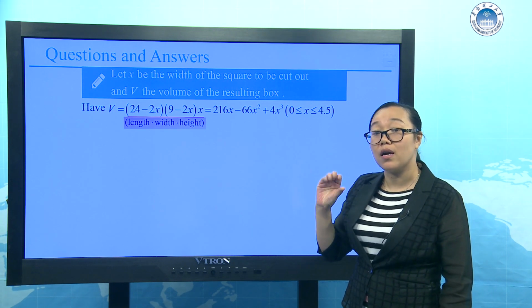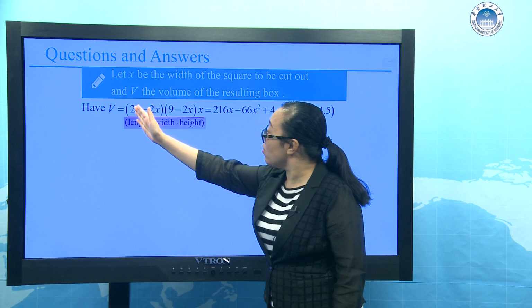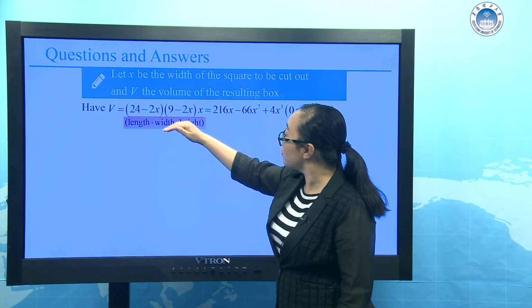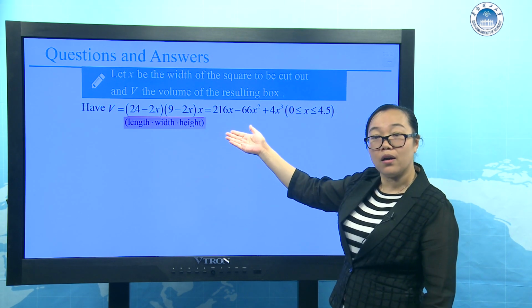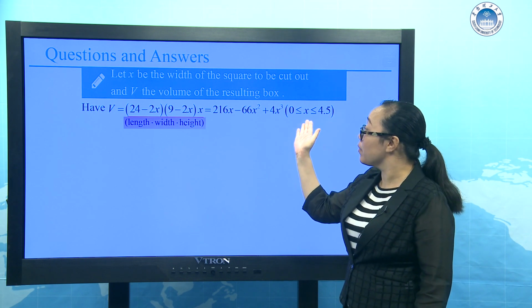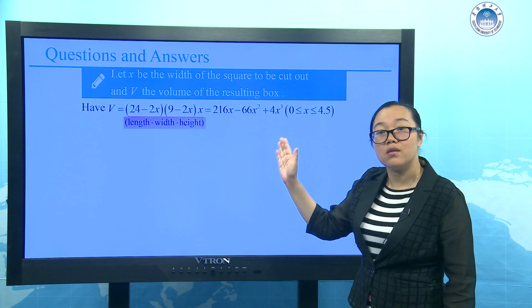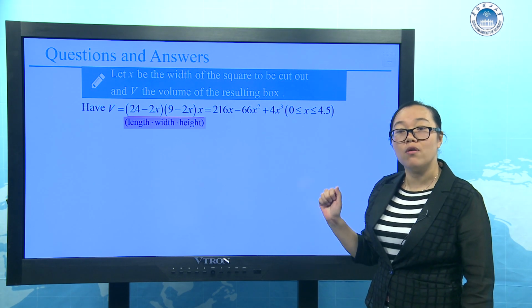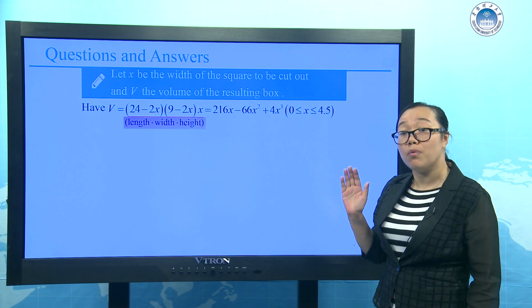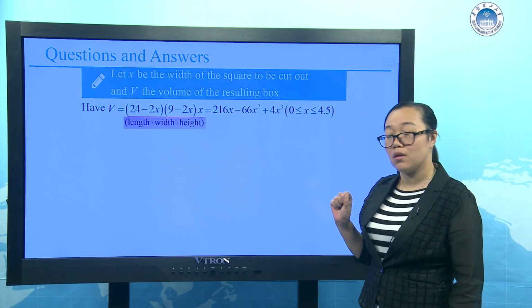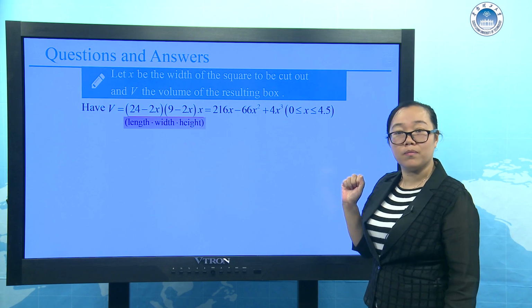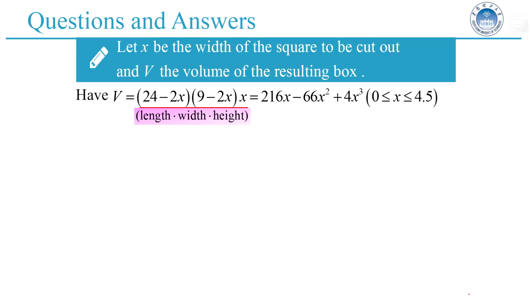The corresponding volume equals length times width times height, together equals this expression, 216x minus 66x squared plus 4x cubed. It is a polynomial of x. Look at the variable x. It is a function of one variable x. X between 0 and 4.5 is the given domain.